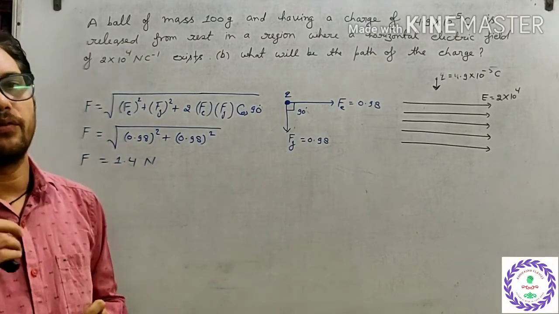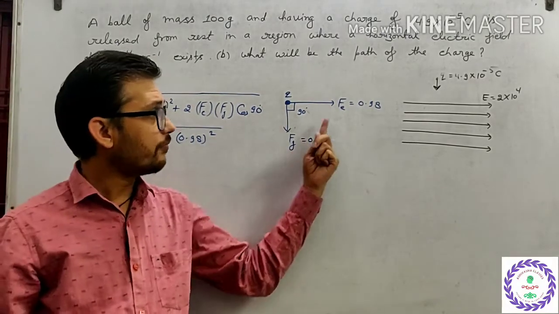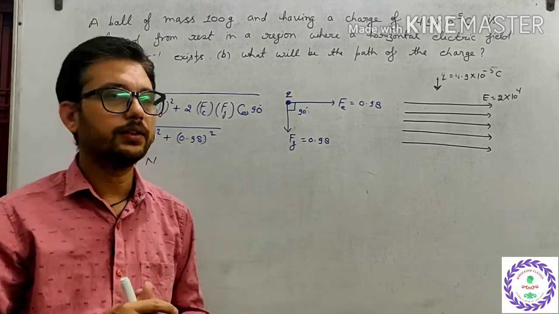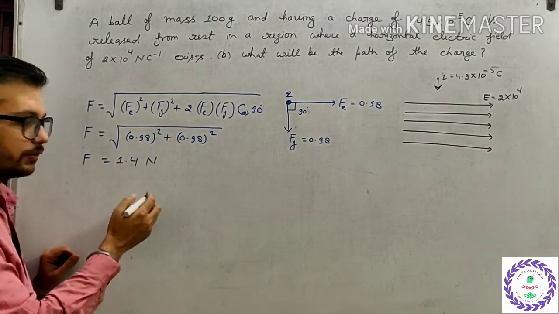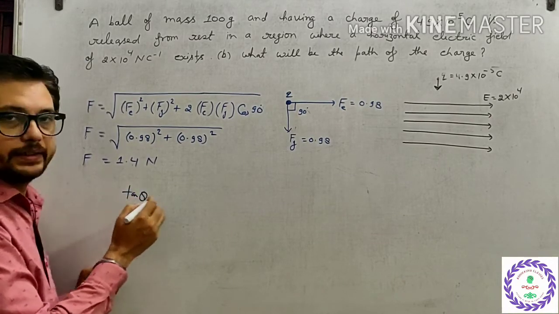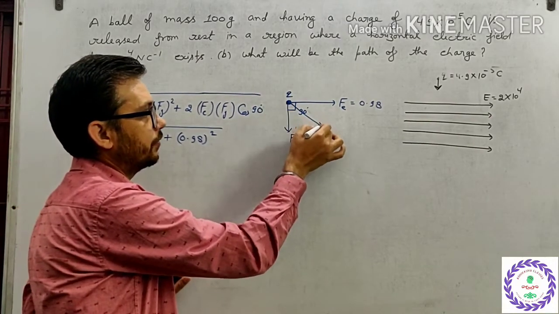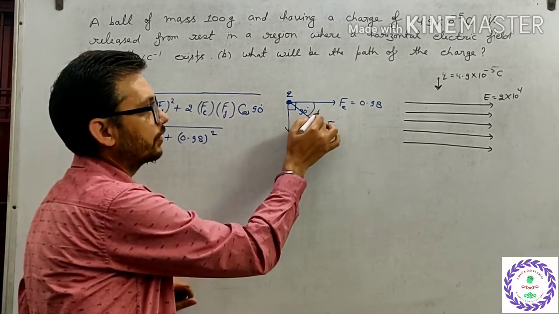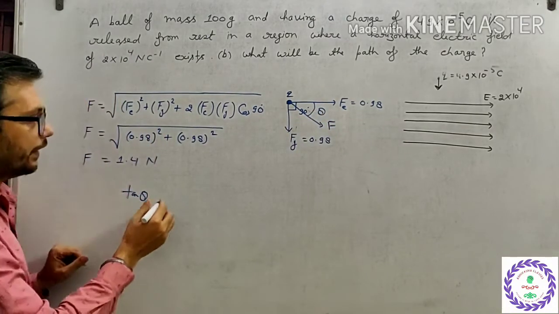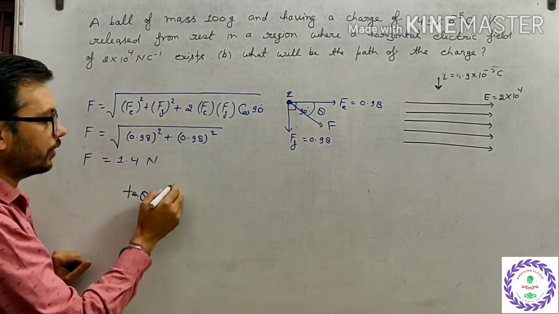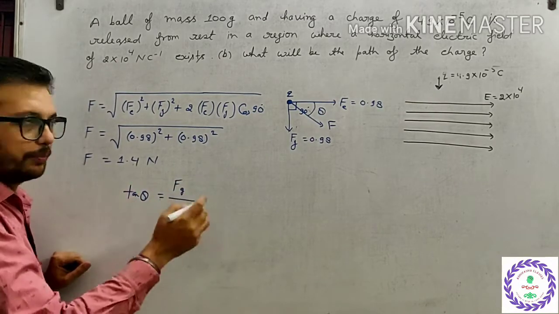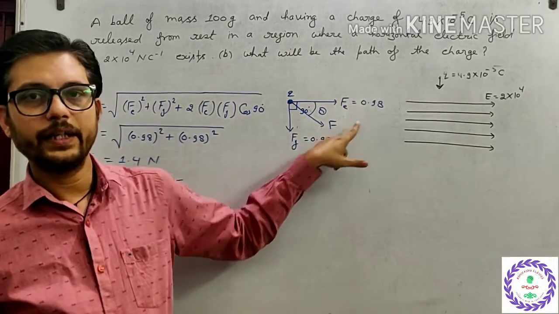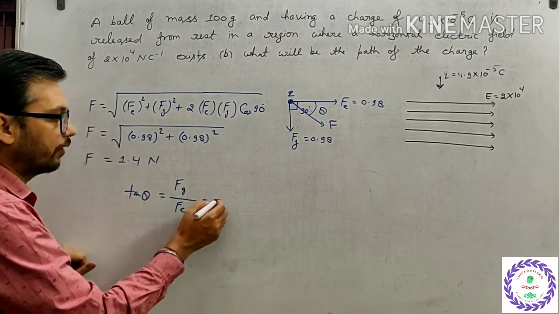So firstly we have to find out the direction of the resultant of these two forces. How can we find it? According to vector, we know that if the resultant, this be F, is making an angle theta, suppose this, then tan theta equals perpendicular, that is Fg, upon base, that is Fe. Fg and Fe are both equal in magnitude, so we will simply get 1.